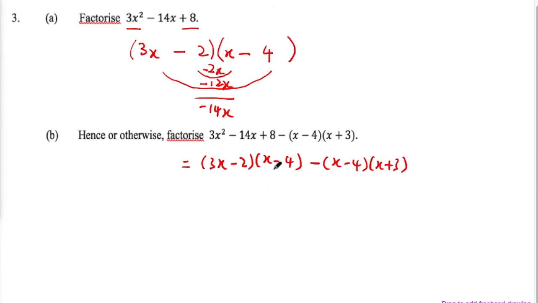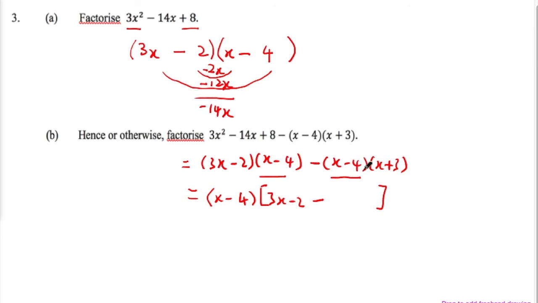When we examine the factors, we see that there is a common factor of x minus 4. So we can factorize out the common factor. Having taken out x minus 4, what is left now is 3x minus 2.